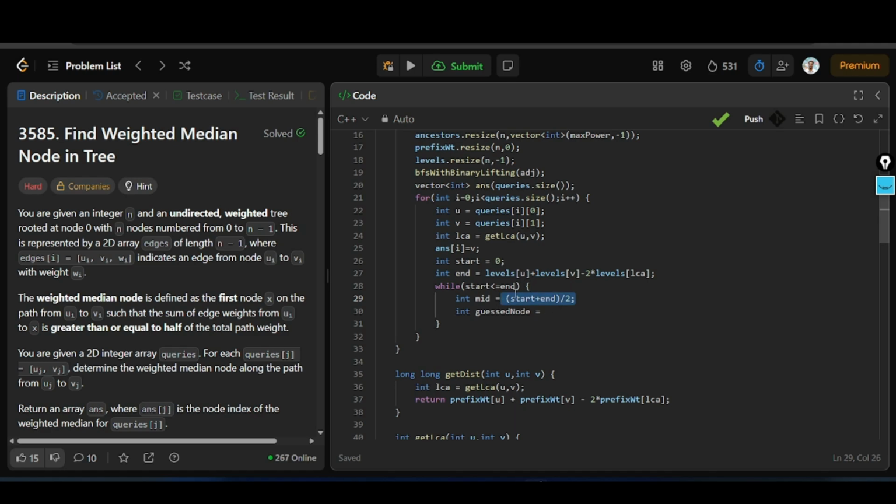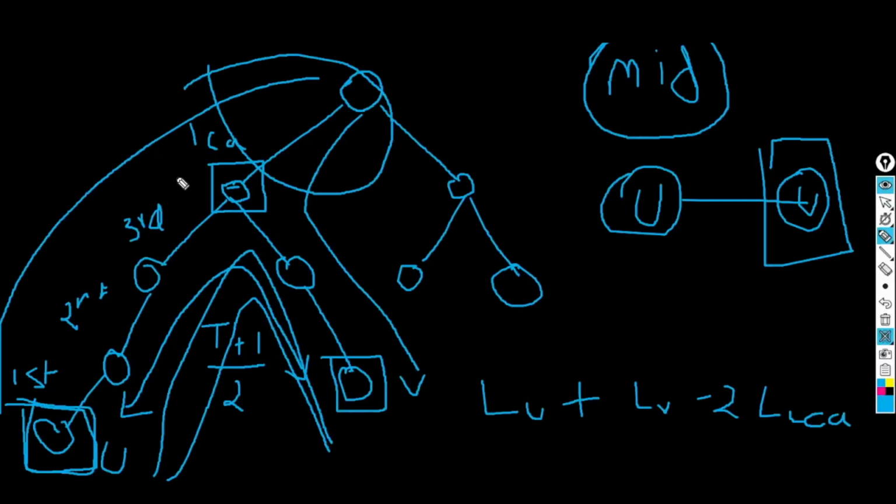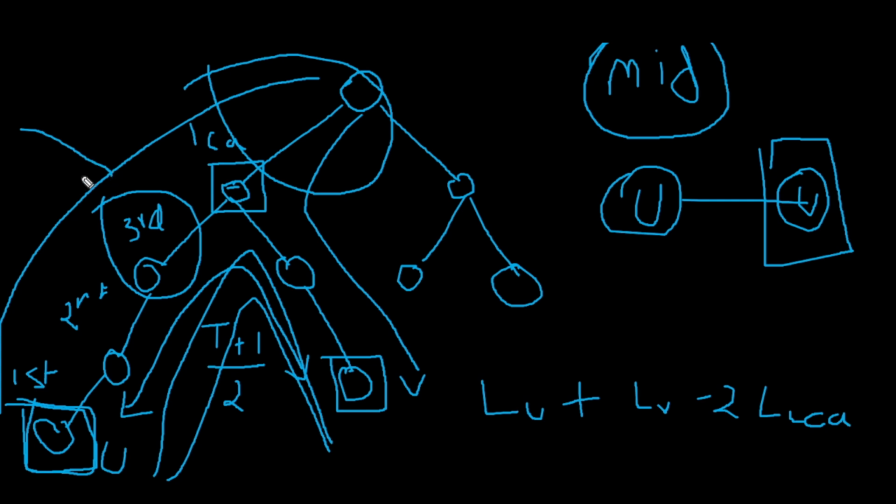I want the distance from whatever middle node to the uth node. How am I going to calculate it? Well, I need to know the node in order to calculate the distance between that node and u.